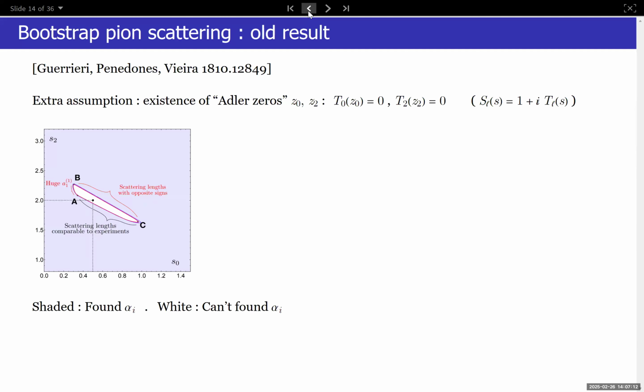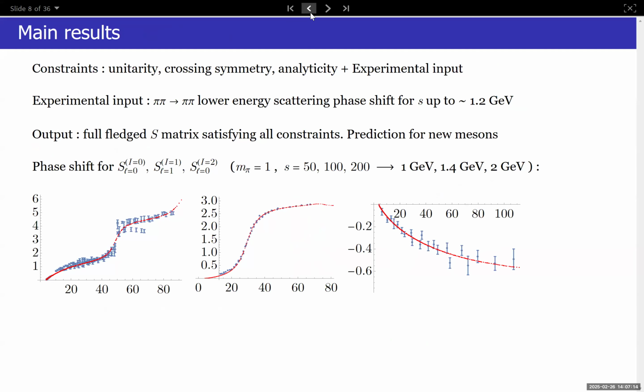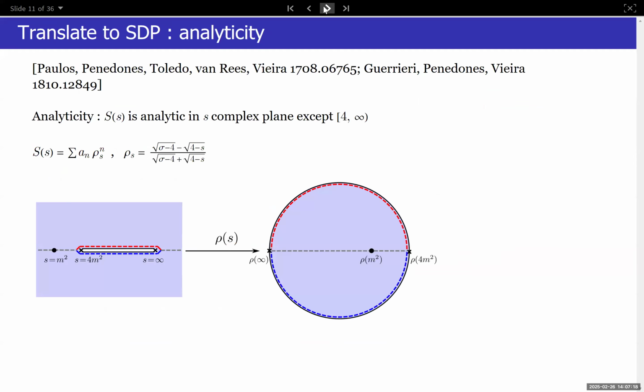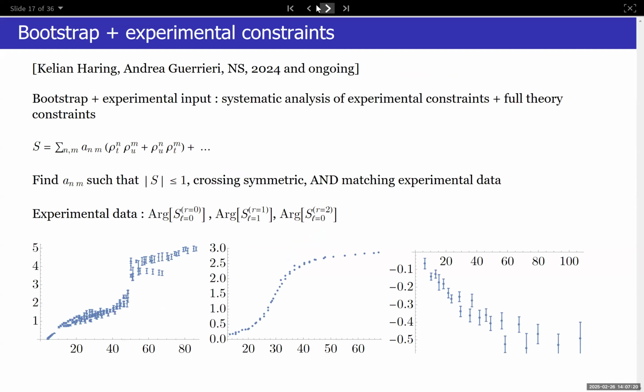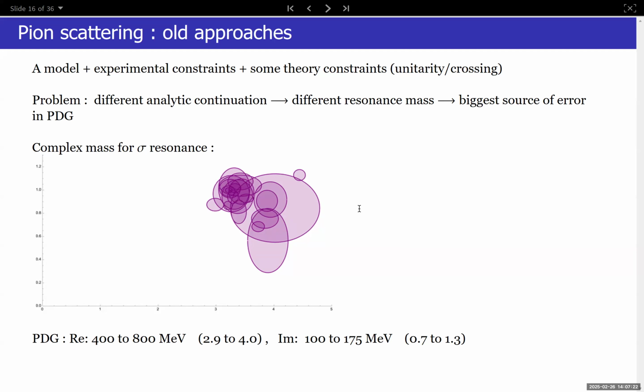Since the experimental data have some error bar, this fitting will give you some error bar. So the size of this circle corresponds to the error bar coming from the experimental data. But different circles come from different models. So different models give you different fittings.